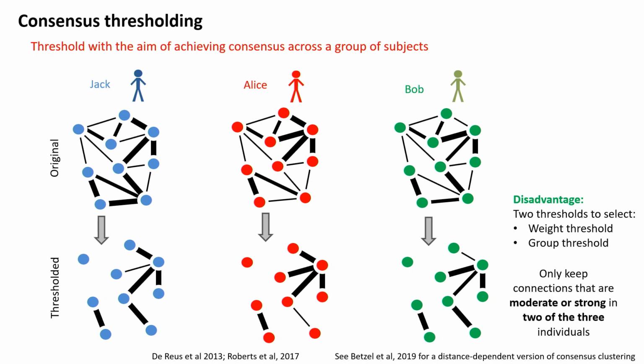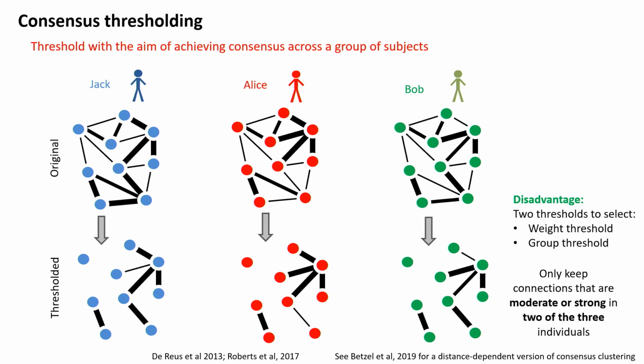The basic idea is that we want to keep connections that are consistently found across a group of individuals. So if you see there, for Alice's network, one of the connections that is weak, one of the very thin connections, is maintained in the network. And that's because if we look at Jack's network and Bob's network, that particular connection is strong. And that's why we maintain that weak connection.